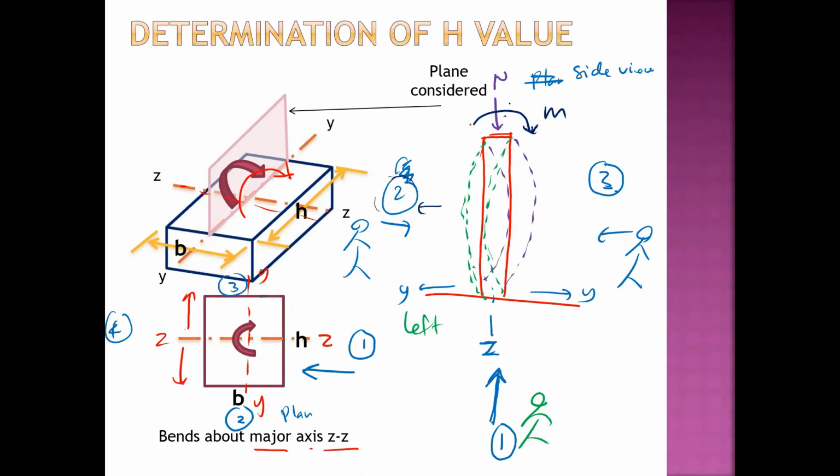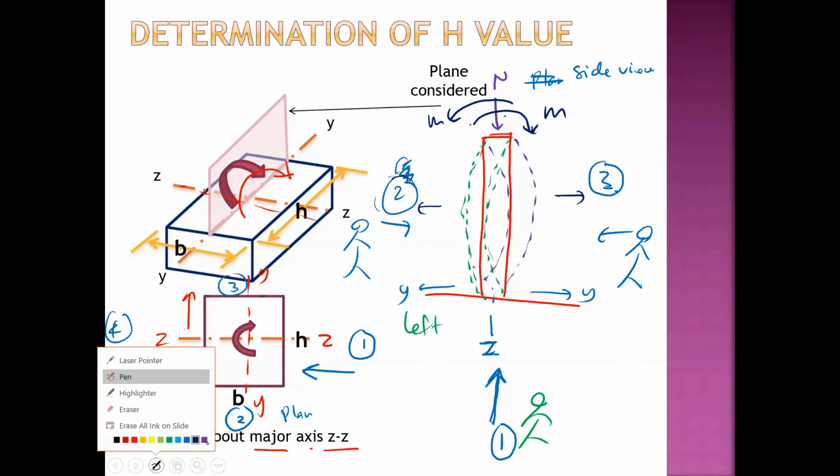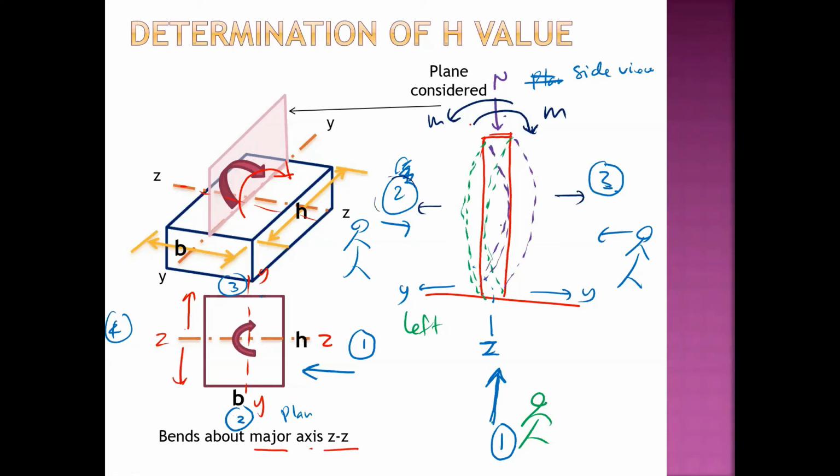If the bending moment is counterclockwise, it will cause the column to bend toward position number 3. Can you imagine? I hope you can imagine this. It will bend like this. So if it bends about the major axis, the longer side is H.